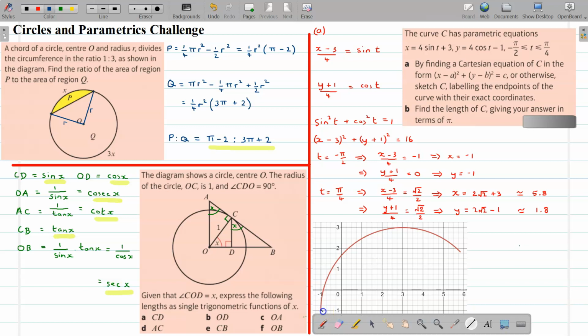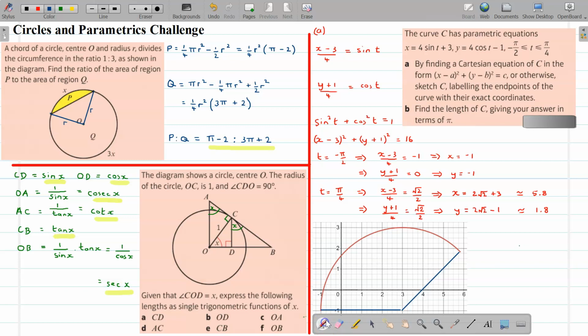So I can go to the center of the circle, which must be here at the point 3, minus 1, and you can tell that of course from the Cartesian form here. And it goes up to there like that. So that is 3/8 of a circle.